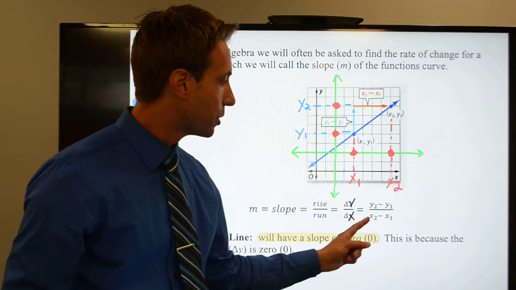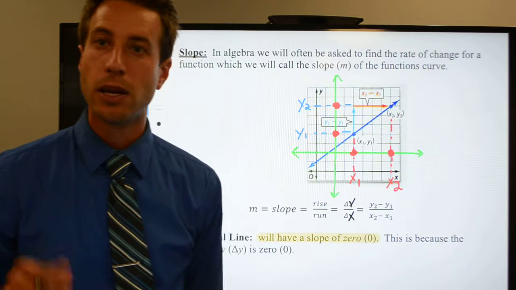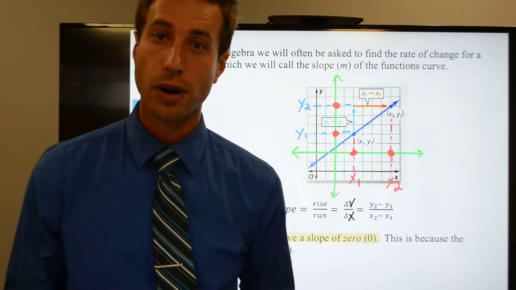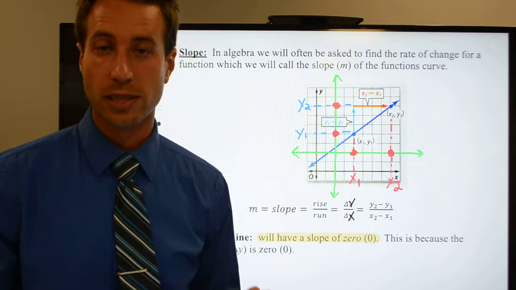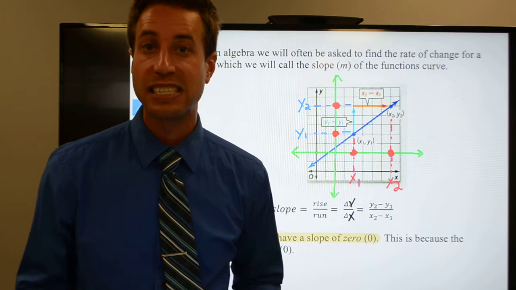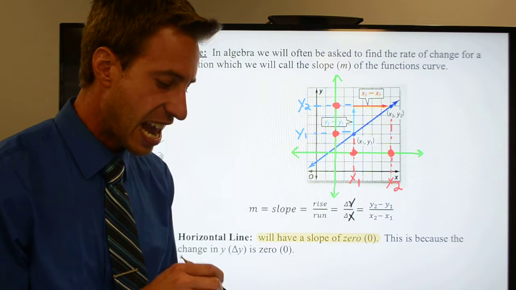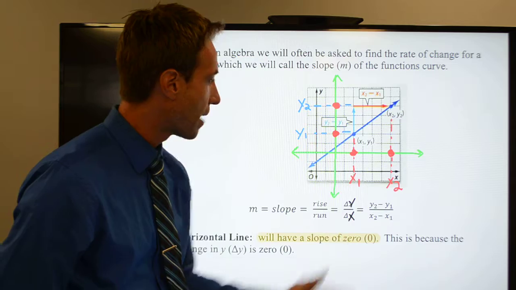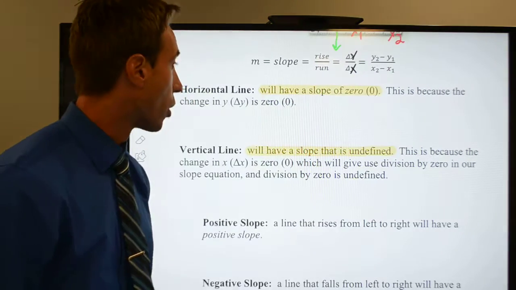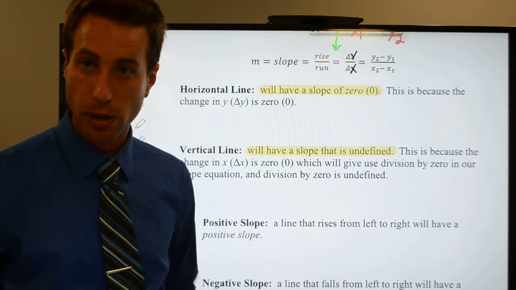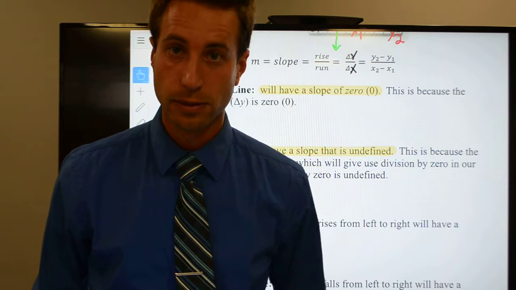So I would wind up with 2 minus 2 in the bottom, and 2 minus 2 is 0. We are not allowed to divide by 0. Division by 0 is undefined. And as a result, anytime you have a vertical line, you are going to have a slope that is undefined.